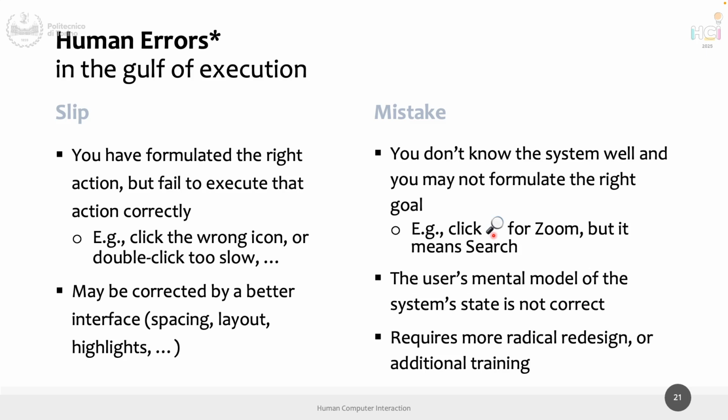And it is not the fault of the user, but the system that should communicate better or comply with standards or best practices or principles, etc. In this case, the system requires a more radical redesign or additional training if the system is already well done, but it's just complex. So it needs to be trained, like the cockpit for a pilot of an airplane.